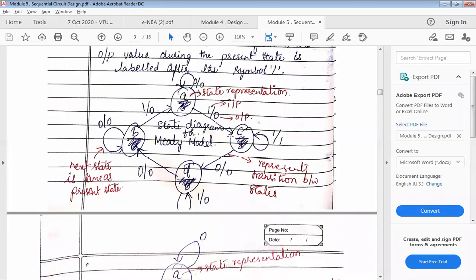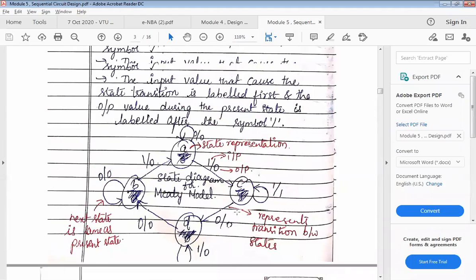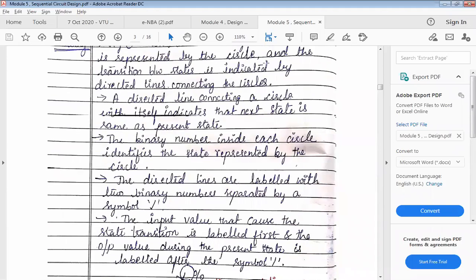So any doubts here? Have you understood this diagram? The circle and transition between states is indicated by directed lines connecting the circles.